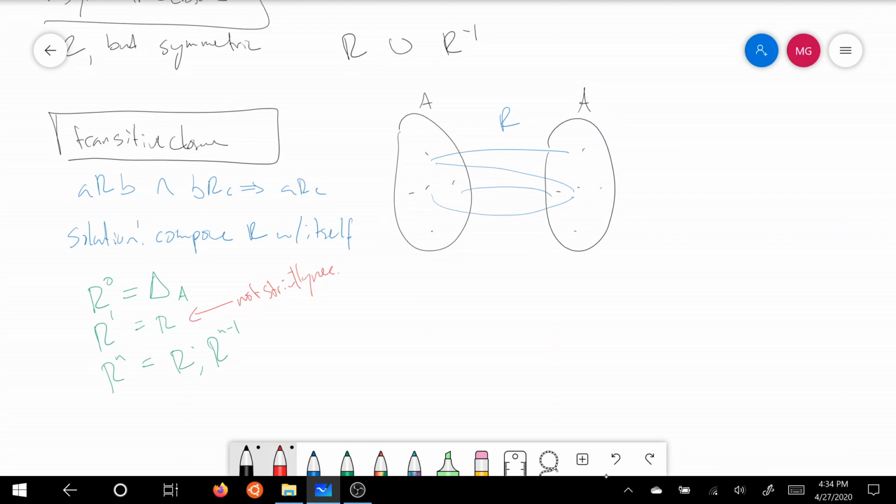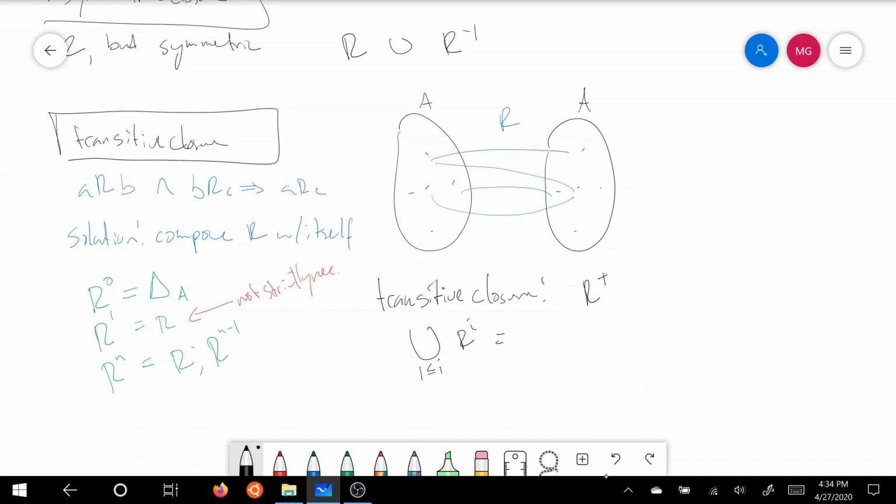Okay, so with this definition, here it is, transitive closure. This will usually be written R plus, and that's defined as the union for i greater than or equal to 1 of R to the i.